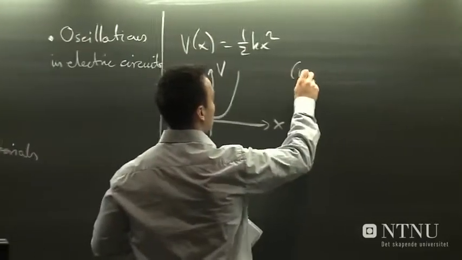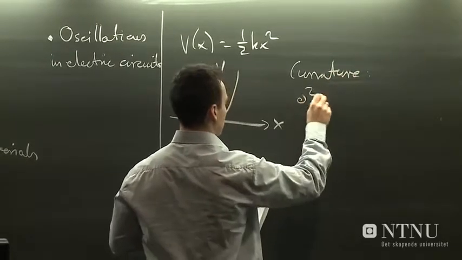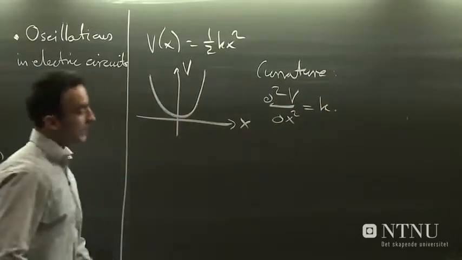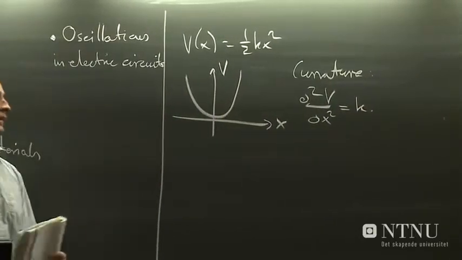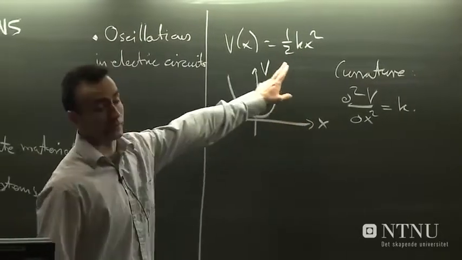We may speak of the curvature of this potential being defined as the second derivative of the potential, which becomes k.